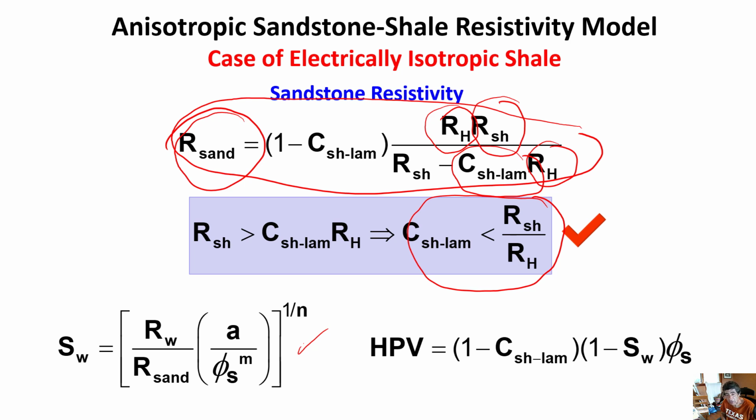And so it's important. So what are the possibilities? Why is it that sometimes this denominator can be negative? There are at least three possibilities that I know of. One, suppose that the intralayers of shale in the sandstone are dipping at an angle which is not negligible.